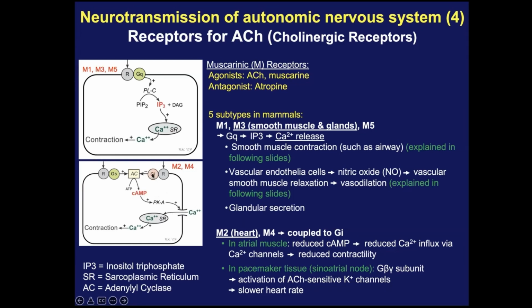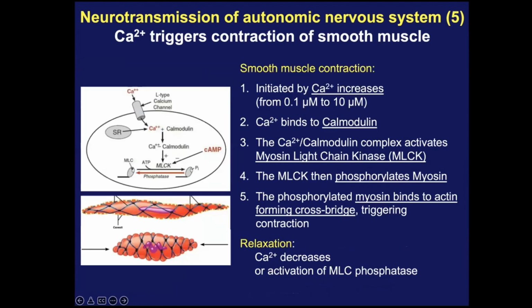But when the GI is activated by the receptors, it inhibits this pathway to reduce the calcium influx. So GS and GI in this case have the opposite effects. Yeah, thank you for the question.